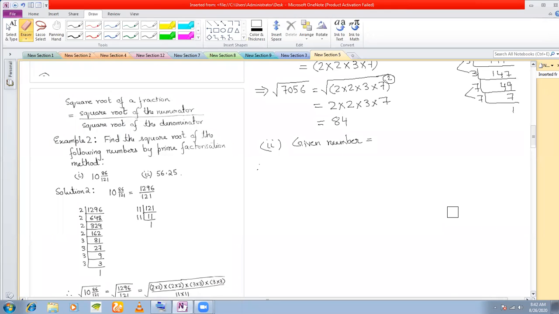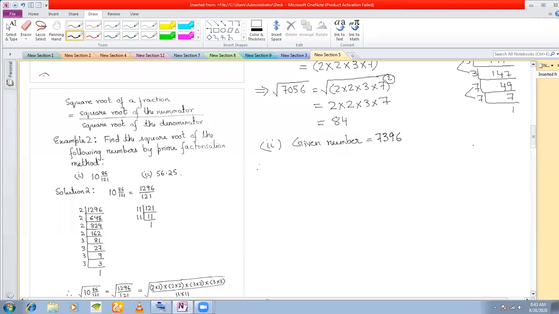No, 1784 is not a perfect square. Let us take this one, 7396. Let us take this number.